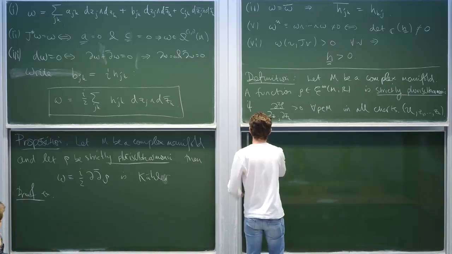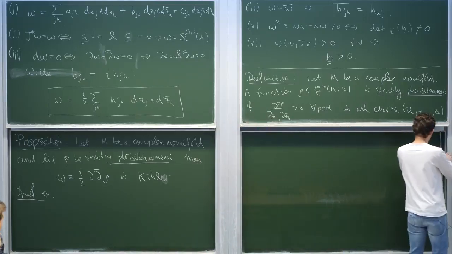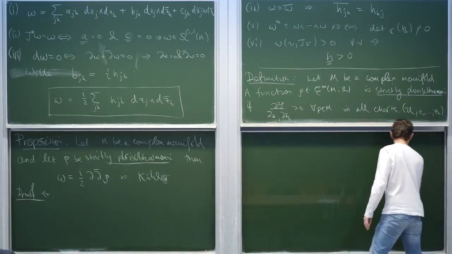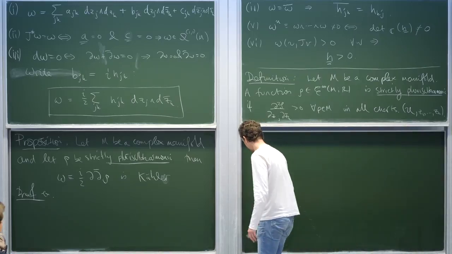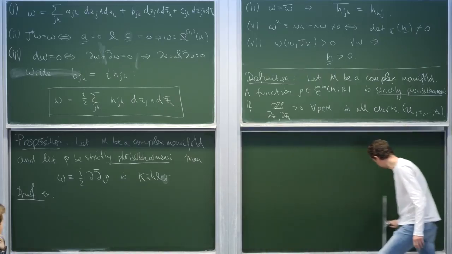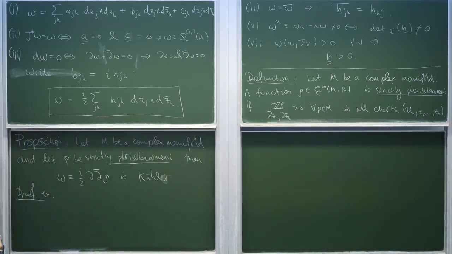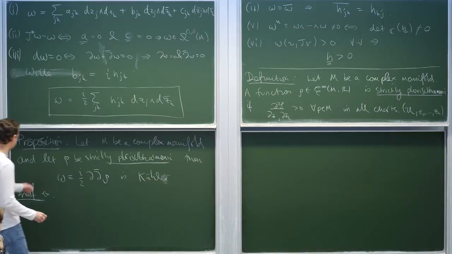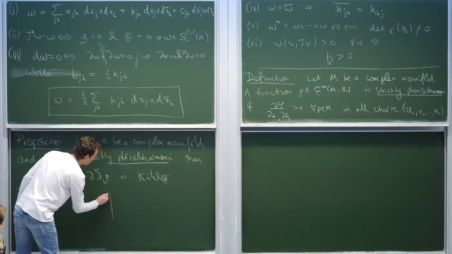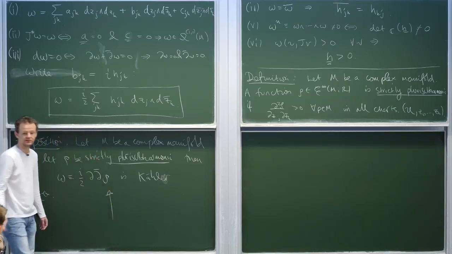Of some strictly pluri-subharmonic function. Didn't include that in my notes. Okay. So the function rho has a special name.